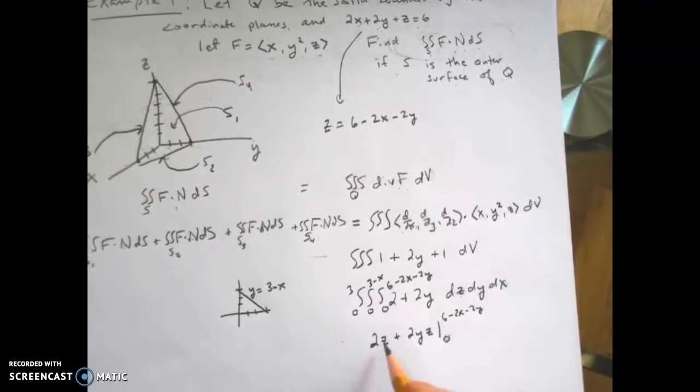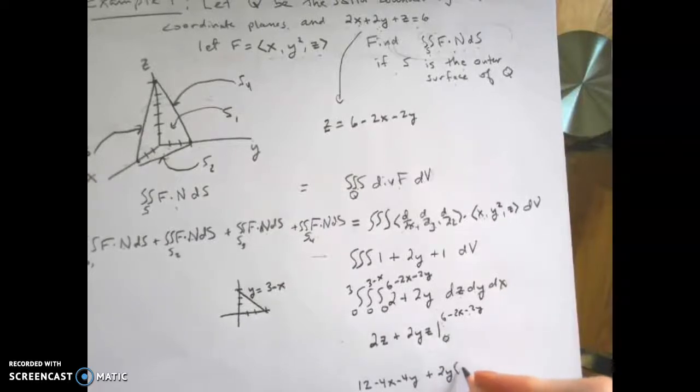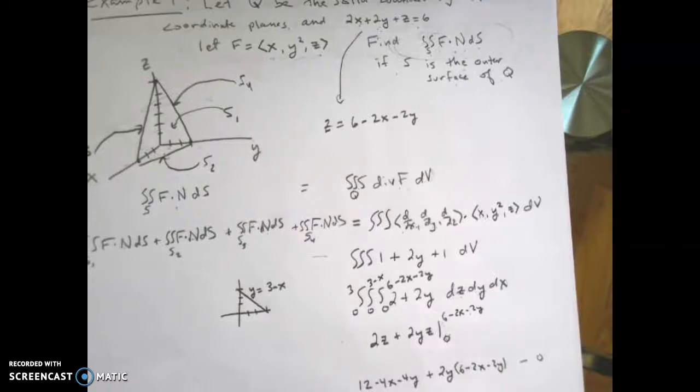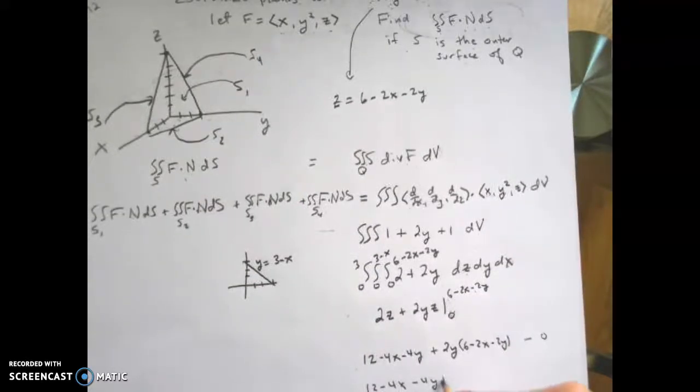So that's going to be 2 times this thing, so we'll do 12 minus 4x minus 4y plus 2y times z, 6 minus 2x minus 2y, and then minus, plug in the 0 for z, so we get minus 0. Okay, so we've got 12 minus 4x minus 4y plus 12y minus 4xy minus 4y squared.